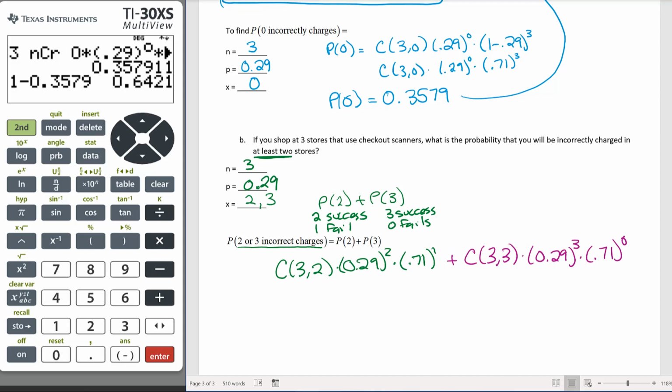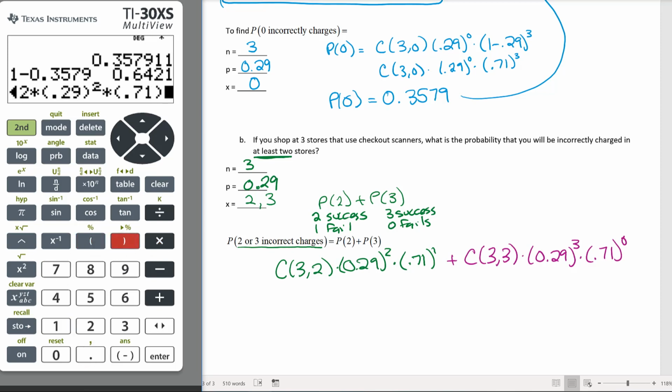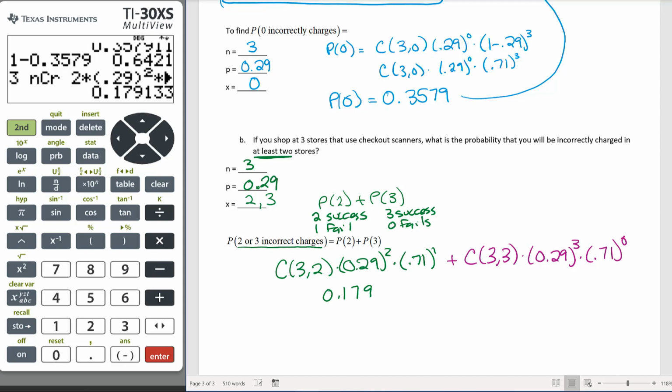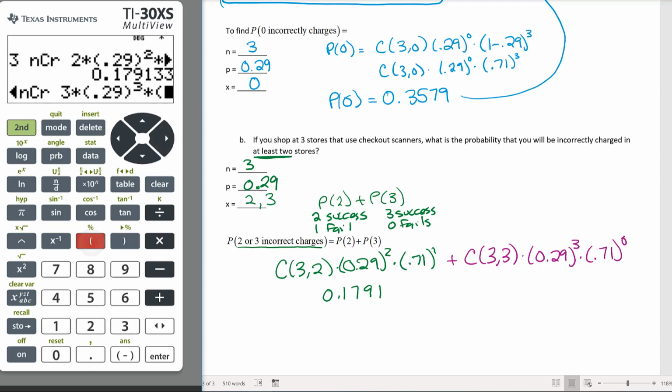So let's work this out. 3 choose 2, times 0.29 to the 2, times 0.71 to the 1, and that's going to be, in the green, 0.1791. And then I'm going to do the same thing for purple, but this time I'm doing 3 choose 3, times 0.29 to the third, times 0.71 to the 0.